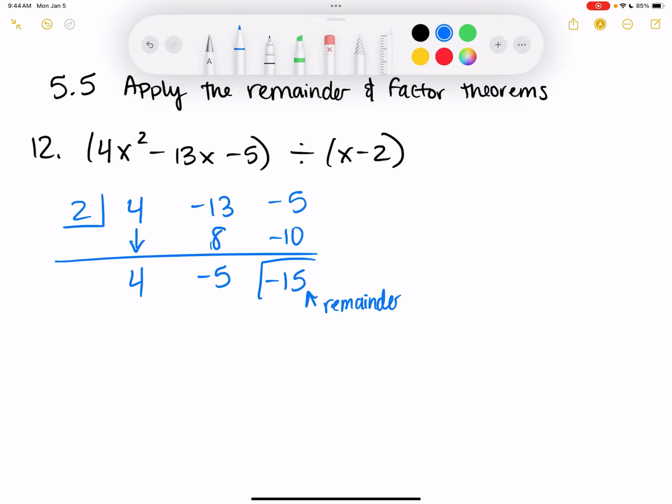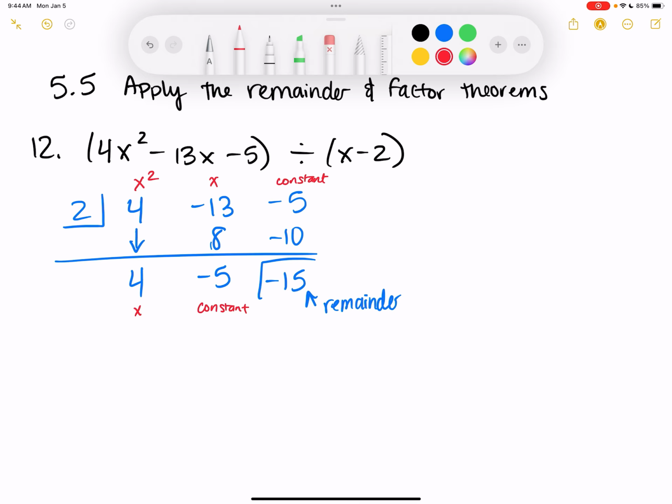So I'm going to show you how you write your answer to the problem. This is not done yet. Okay, so look, this was an x squared term, this was an x term, and then this was the constant term. When we divide, this now is my x term, this is my constant term, and then this is my remainder.